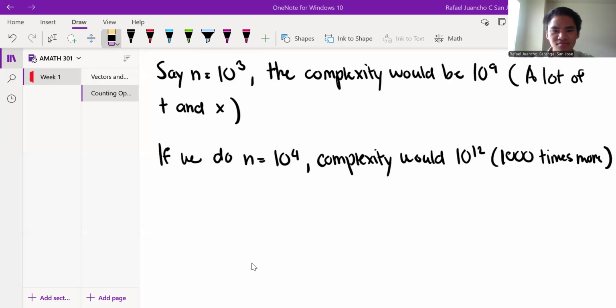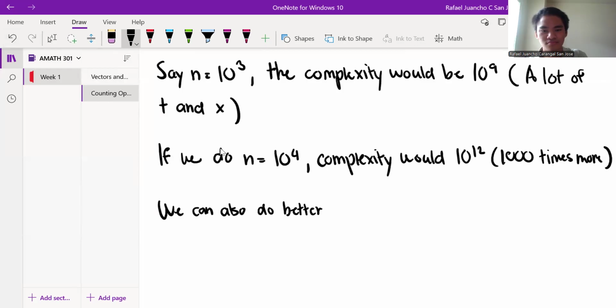Okay, so now let's try it in some cases where we can maybe lower our time complexity to make our programs more efficient. So let's say we can also do better in specific cases, right?